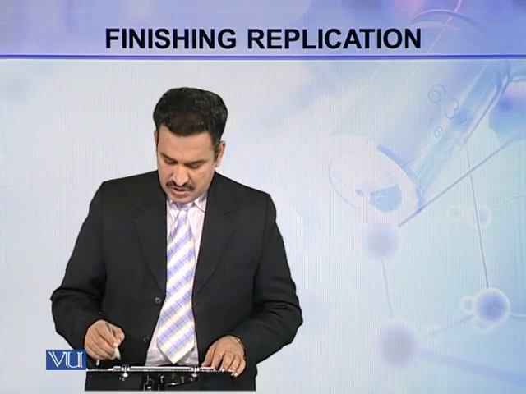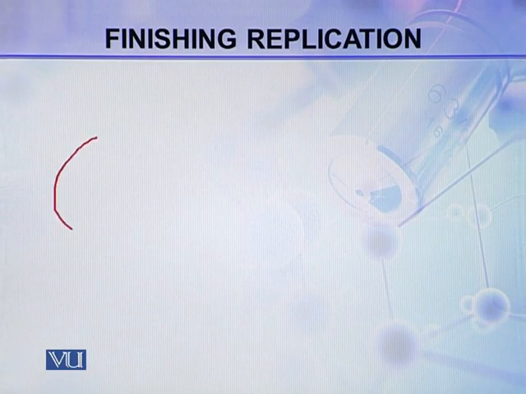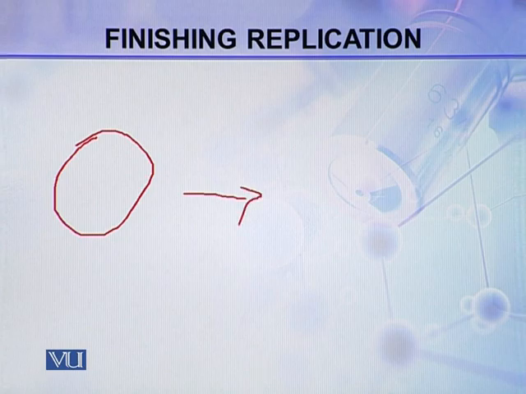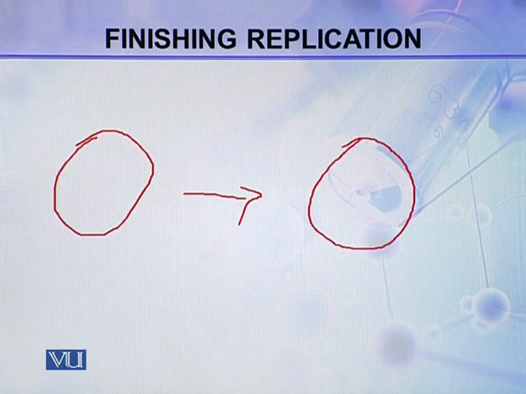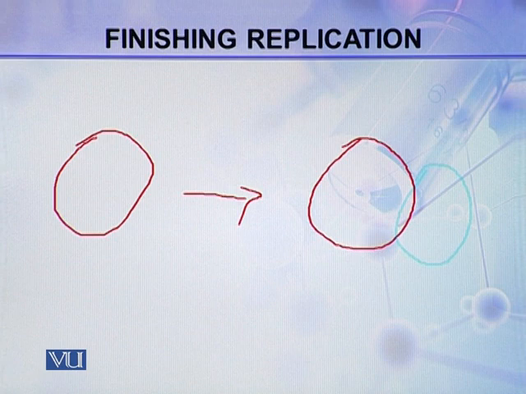As this is a single chromosome, but at the end these chromosomes will be joined in this way. So these form catenanes. In this way these two are linked together.